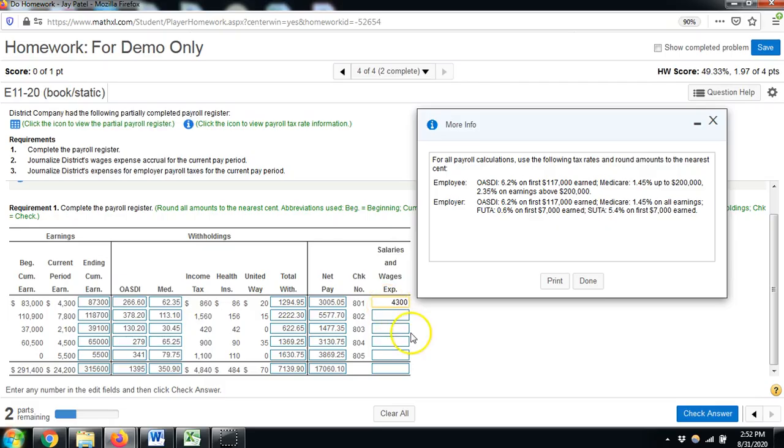Not sure why they put it in there, because for our business, we're still paying all this amount. This is all expense. However, it's not all going to the employee. Some of it is going to the tax authority because the employee also owes some money from their pay to these different entities.